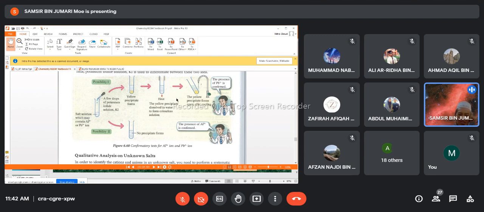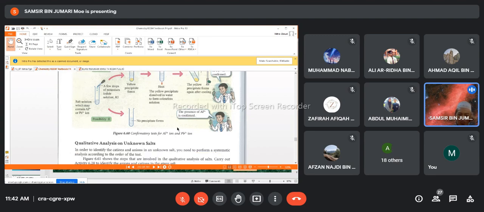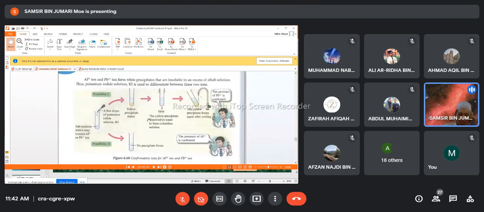Macam tu lah. Dia punya sifat. Faham? Okay. Itu satu. Ada lagi satu selain daripada guna yang ini sebenarnya. Prinsip ini, this principle using the principle of the precipitation reaction. Okay. We know that in the precipitation reaction, so the insoluble salt will be formed from the soluble of the salt solution.